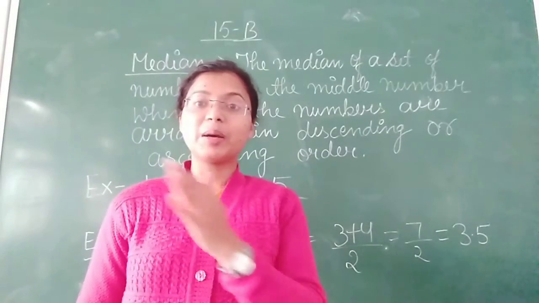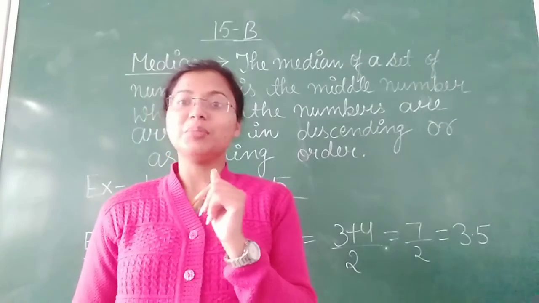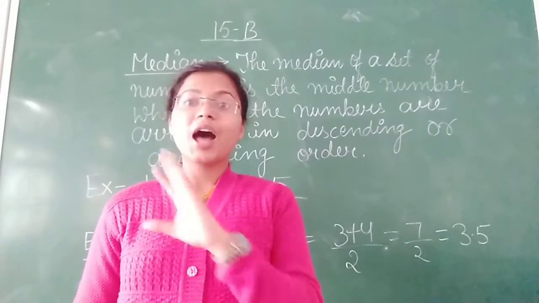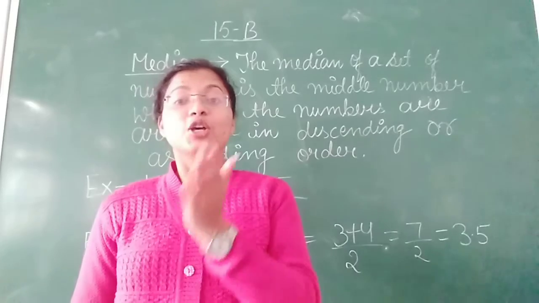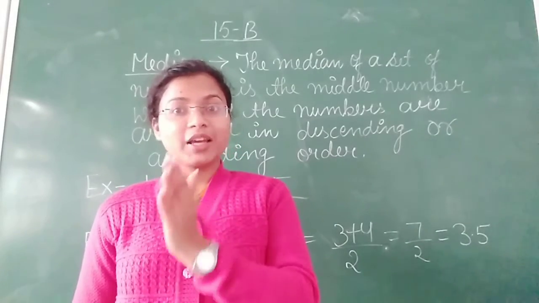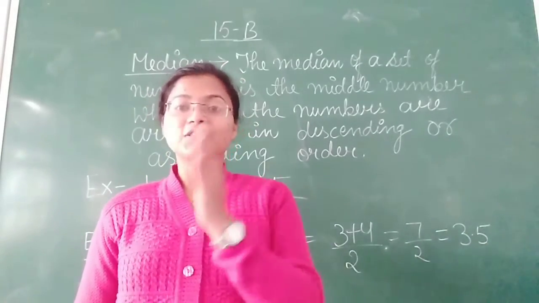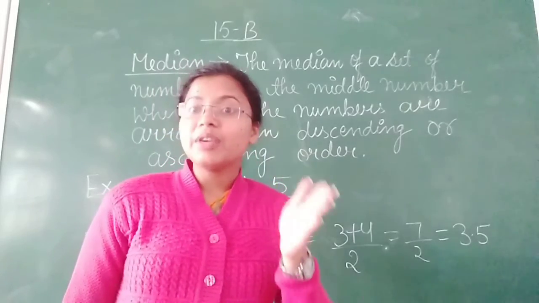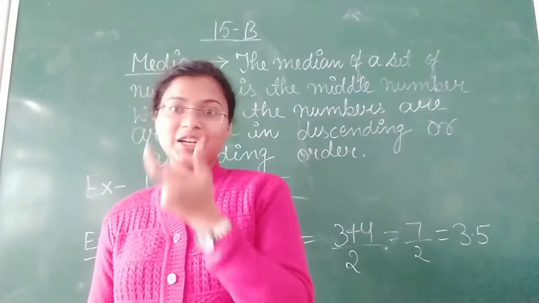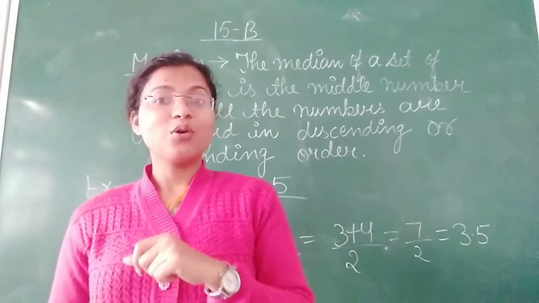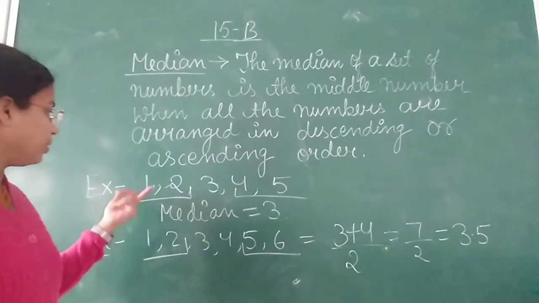If the numbers are already arranged, then just find the median. But if the numbers are not arranged, your first step is to arrange them in ascending or descending order and then distribute them equally from the front and from the back and you will get your median. So there are two ways to find the median.